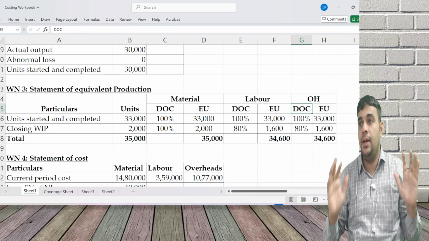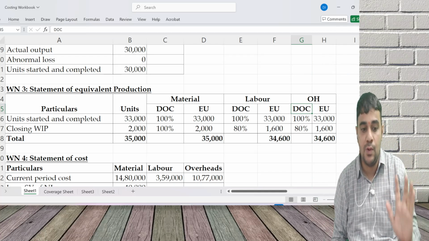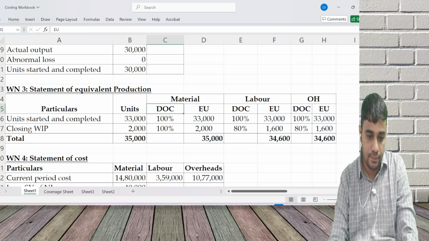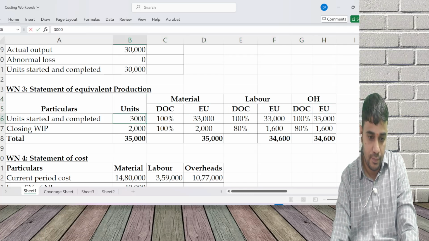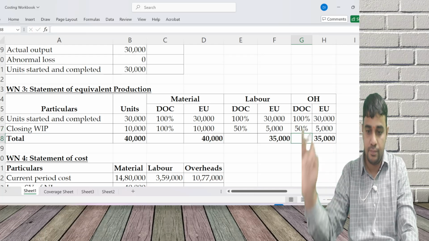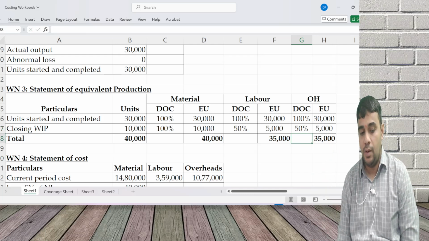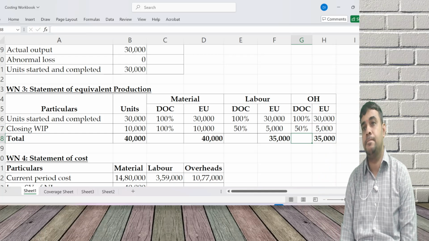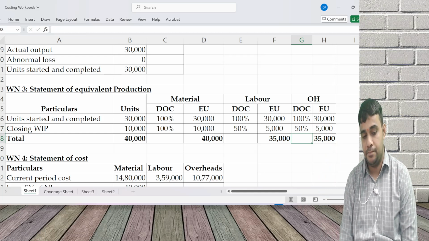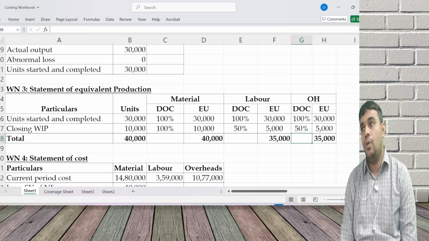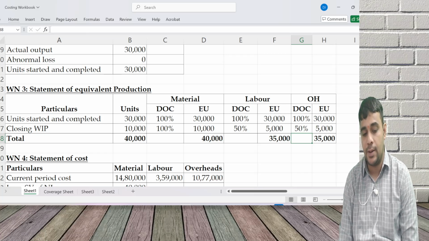You keep filling it. Refer to the screen in case you want it. Only two items are there. Follow the rule you know, and complete the statement of equivalent production.